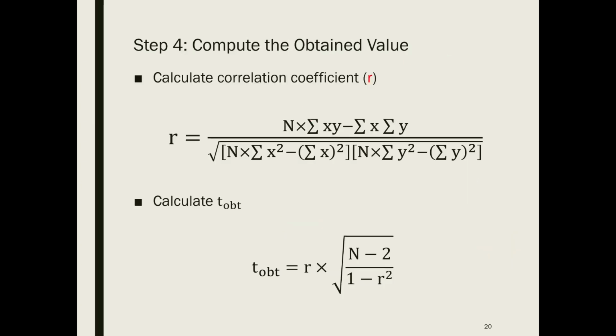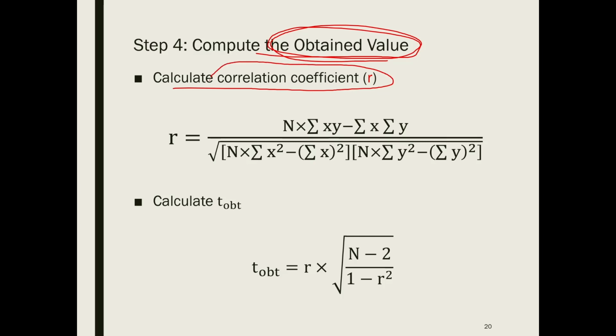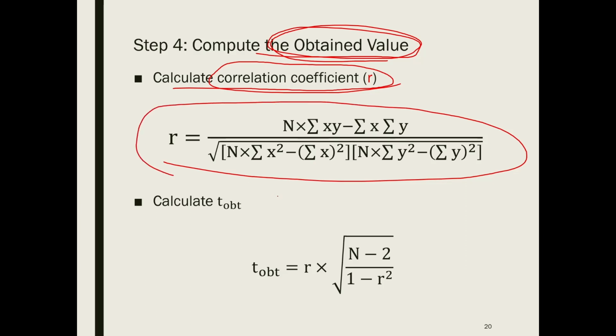As we mentioned in the previous slides, when you compute the obtained value, especially the t-value in the correlation test, the very first thing is to calculate the correlation coefficient, which is r. So this is the formula of r. And once you calculate r, you calculate the obtained t-value, which is used to compare to the critical value, using this simple formula.